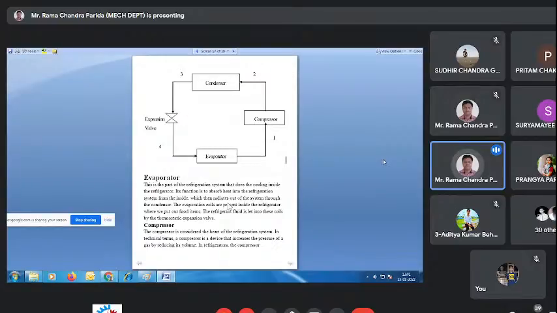The evaporation coil is present inside the refrigerator where we put our items to be cooled. Now you can see what happens in the compressor. The compressor draws low temperature, low pressure vapor from the evaporator. So what is the refrigerant after that evaporator? It passes to the compressor.